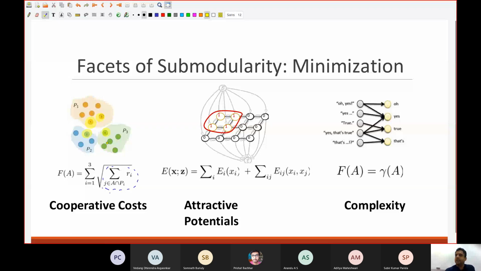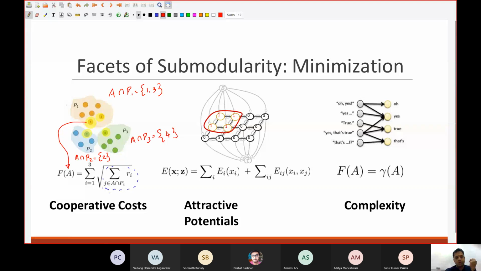So A has 1 and 3 intersecting with P1. A intersection P1 is 1, 3. A intersection P3 is 4. A intersection P2 is 2.